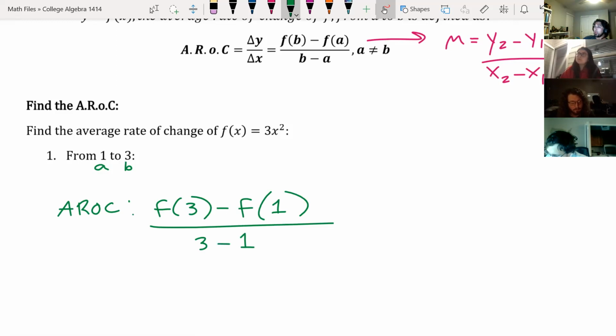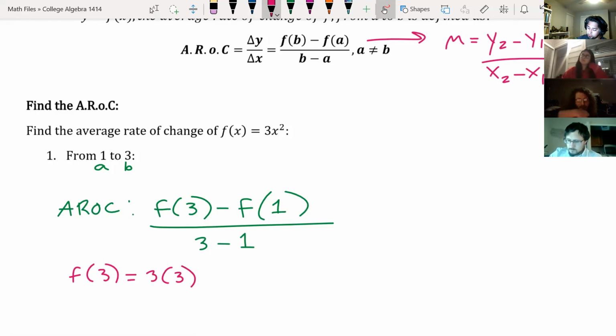Okay. And all we need to do now is find out what the values of f of 3 and f of 1 are by plugging 3 and 1 into the original function, which I can do a little side work below. F of 3 gives me 3 times 3 squared, which will give me 3 times 9, which is 27.